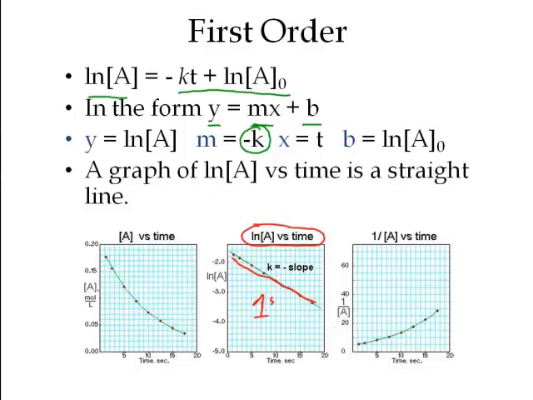I can't tell you how often that question comes up, so commit it to memory. Also, the negative sign usually takes care of the fact that a first order plot has a negative slope.